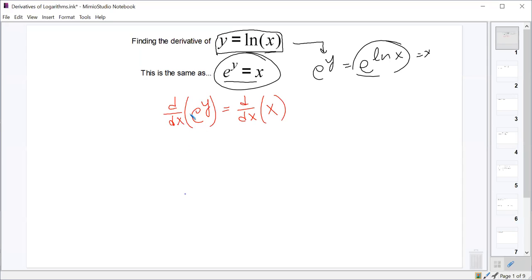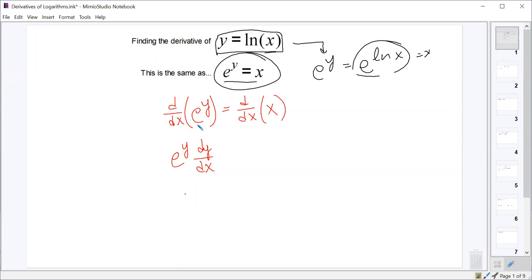So what's the derivative of e to the y with respect to y? Is it e to the y times dy dx? Right, e to the y if we take it with respect to y, and then since we're doing it with respect to x, we have to multiply by dy dx. Everybody okay with that left side?